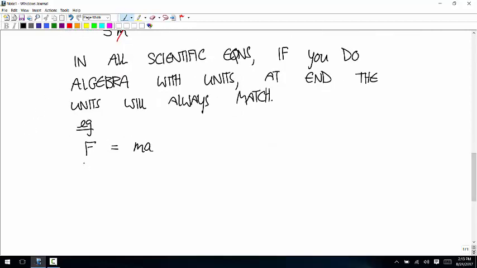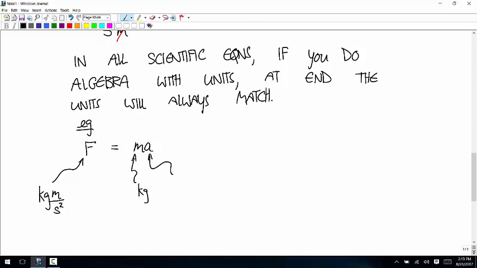Well, I mentioned just a minute ago that if we're thinking of SI units, the units for force are newtons, which are also equal to kilograms meters per second squared. In SI units, the units of mass are kilograms.